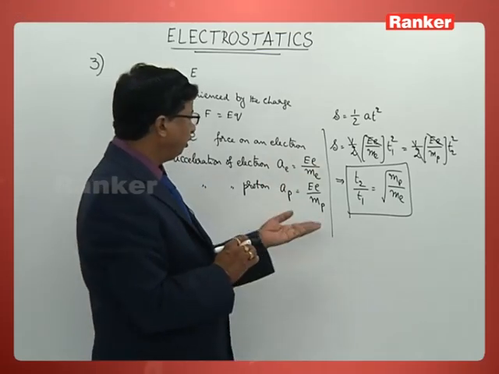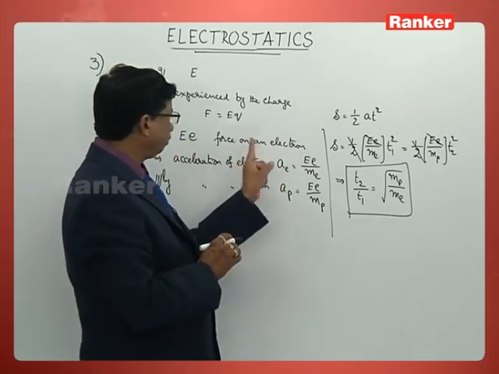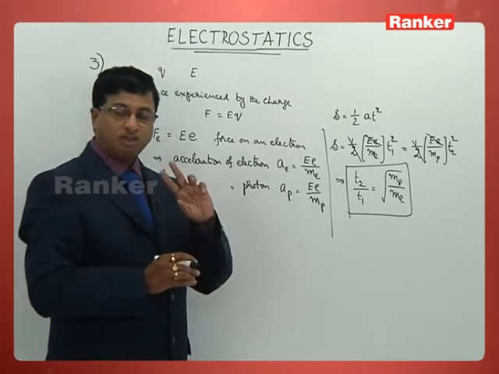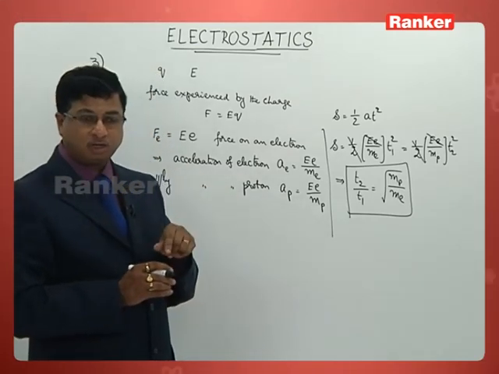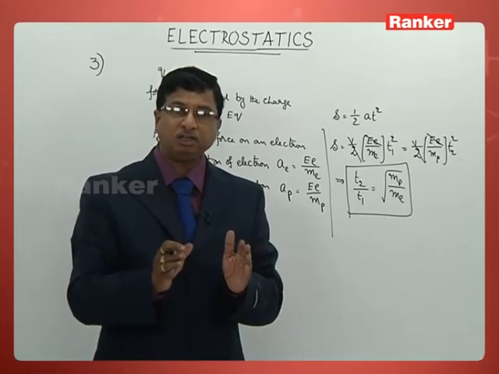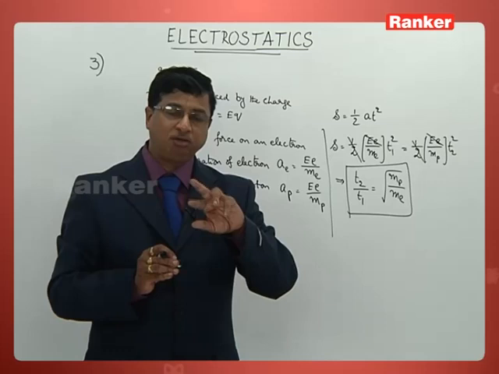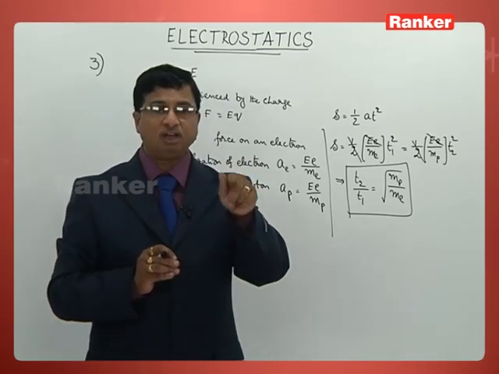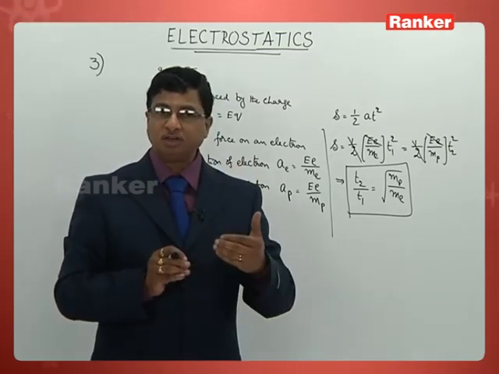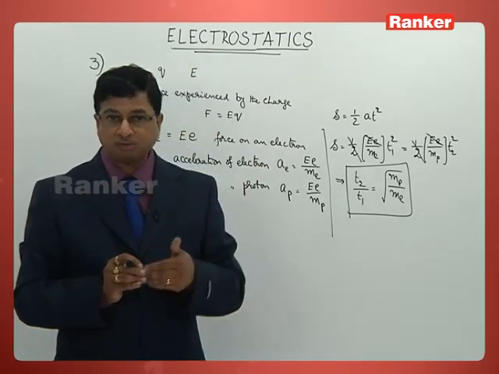The idea here is that the force experienced by both the electron and proton in the same electric field remains same and constant. Where the mass differs, acceleration will differ, because acceleration is force by mass.